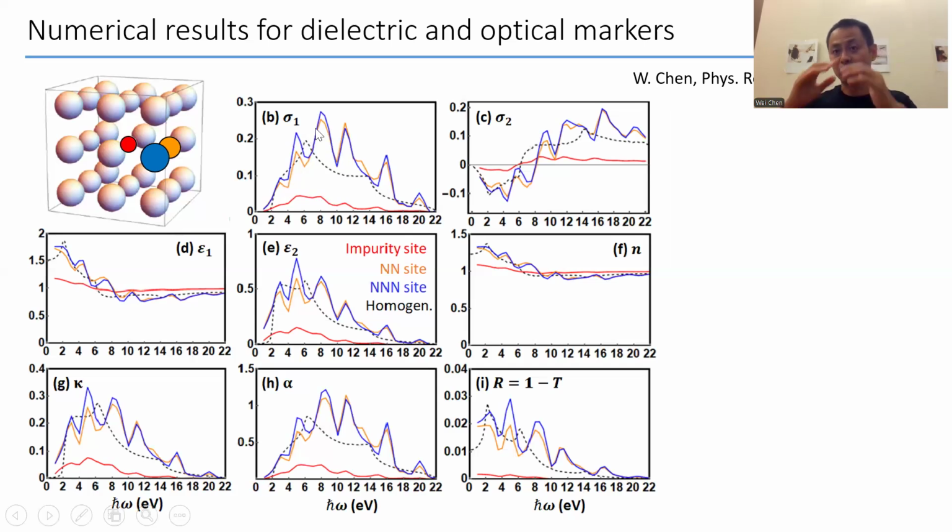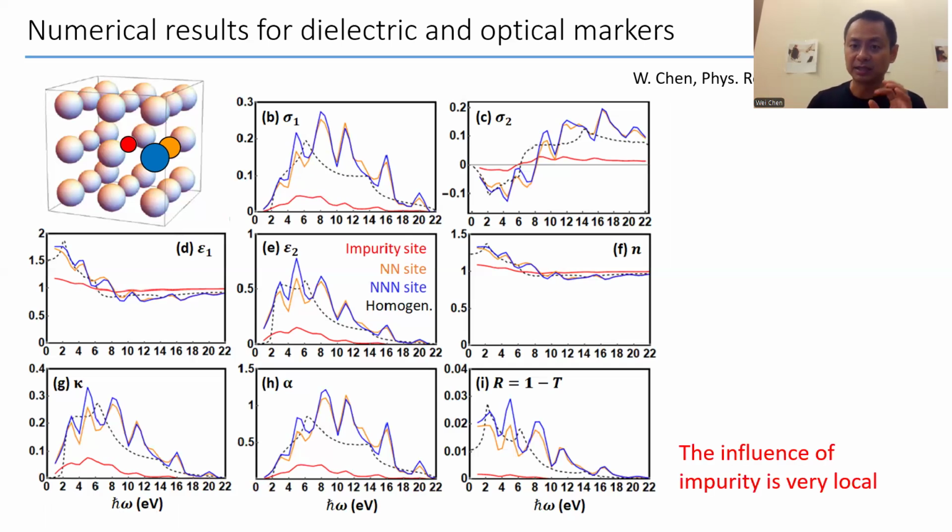Usually these peaks will be more moderate if you simulate a larger system size, but of course, then it will be numerically more expensive to calculate. Using these results, I conclude that the impurities do suppress all these optical properties in some frequency dependent way. But the influence is very local, because once you move away from the impurities, it has pretty much recovered.